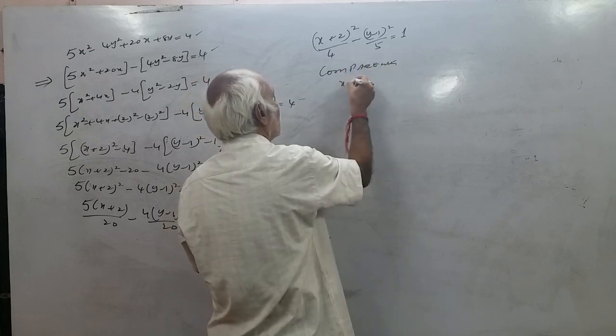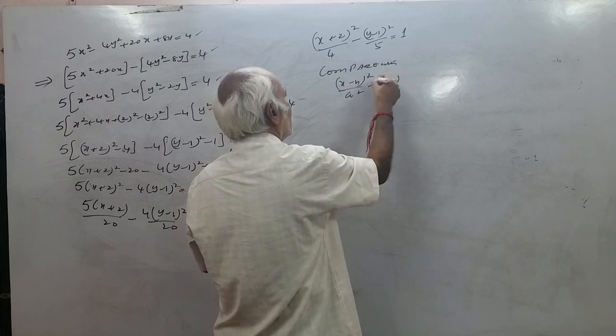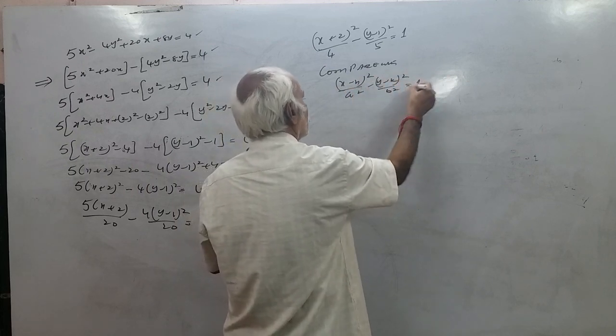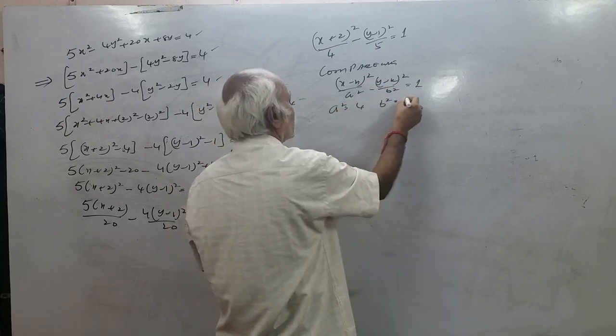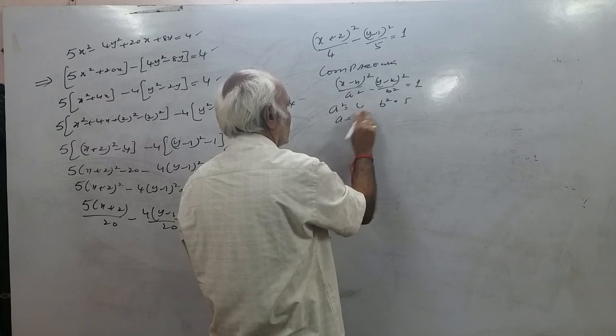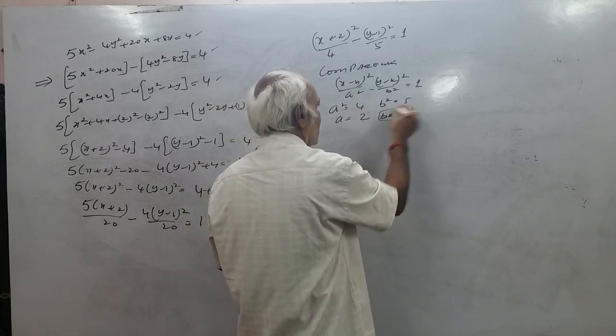with (x − h)²/a² − (y − k)²/b² = 1. So what is the a² value? 4. b² value is 5. a is equal to 2, b is equal to √5, right?